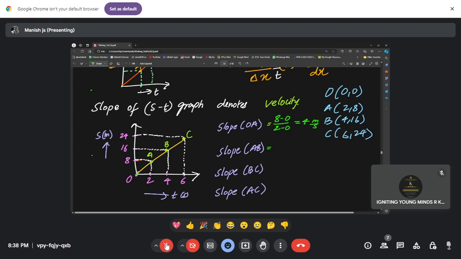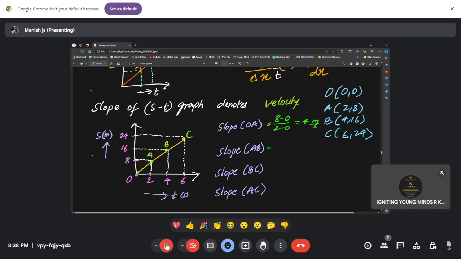Similarly, what do you find out the answer for AB? What is your observation? How will you write it? Again, y2 minus y1. Who can tell me the values for the numerator? Come on, give it a try. One of you can volunteer. Feel free, don't hesitate. Even if there's something wrong, I'm there to help you out.